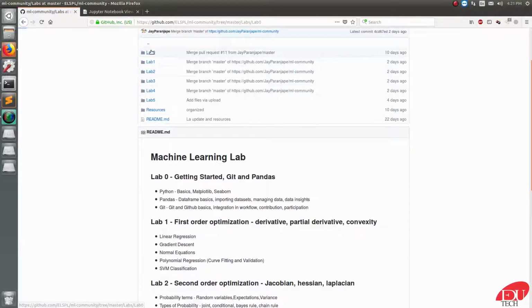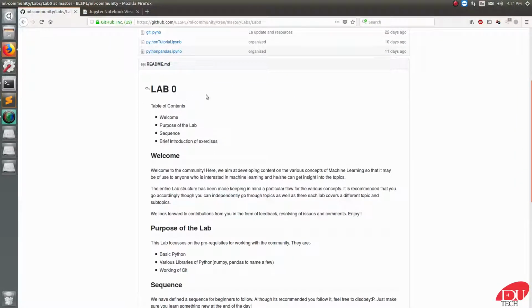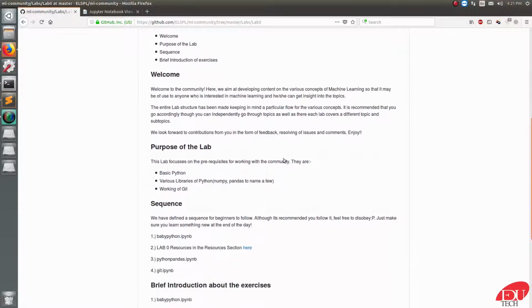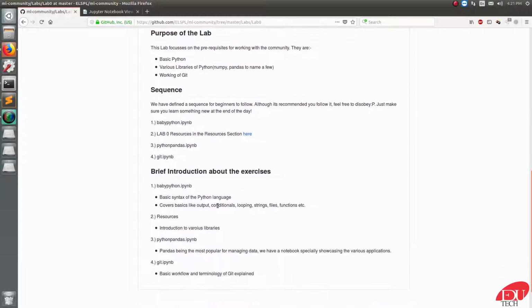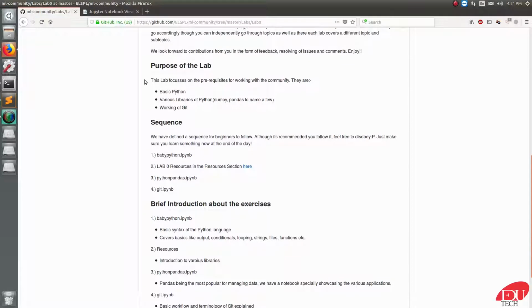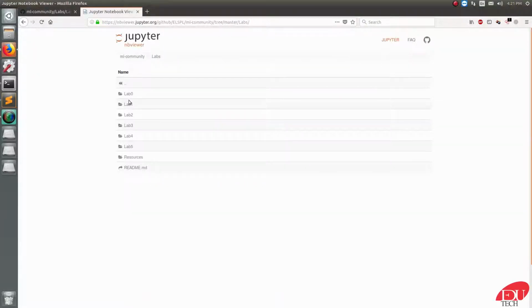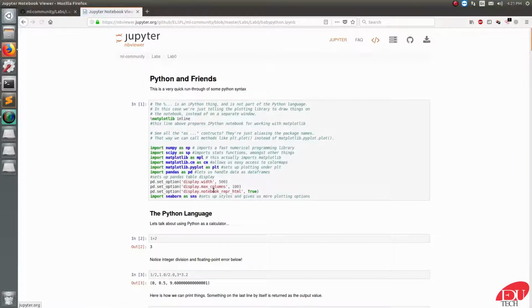So let's go into lab 0. There's a quick readme about the purpose of the lab, the sequence which I think you should follow. There's a brief introduction about the exercises, and for example, there's this baby python.ipynb.